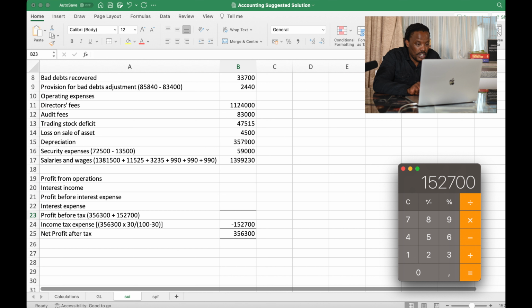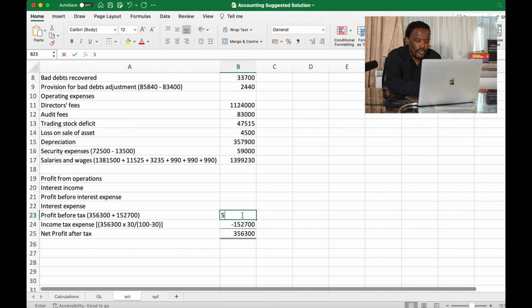Now that's what you do, 152,700 plus 356,300. And then you have 509,000. You work backward. That's what you do. And you see, this minus this, it must equal to this. It must give you sense.